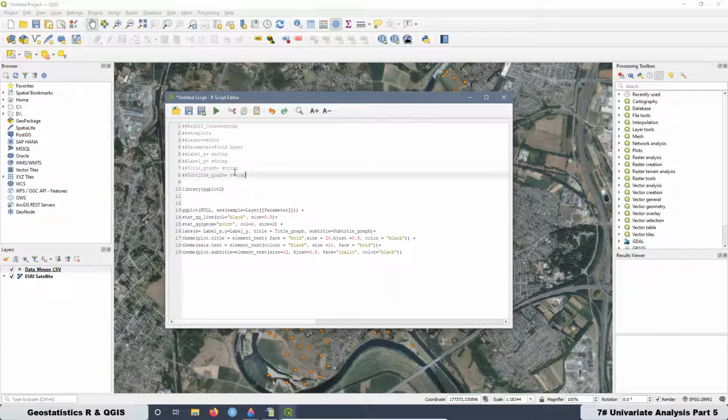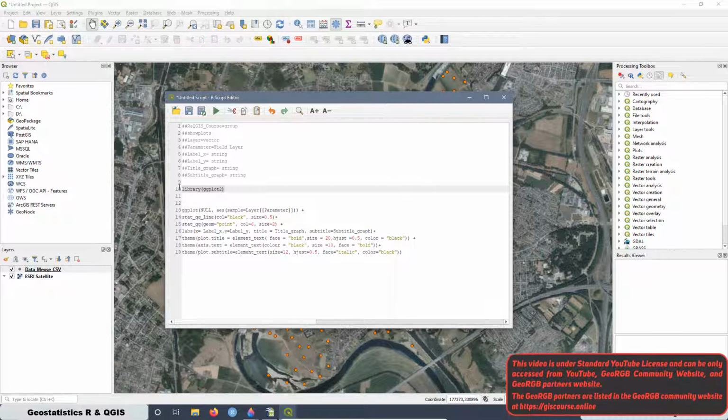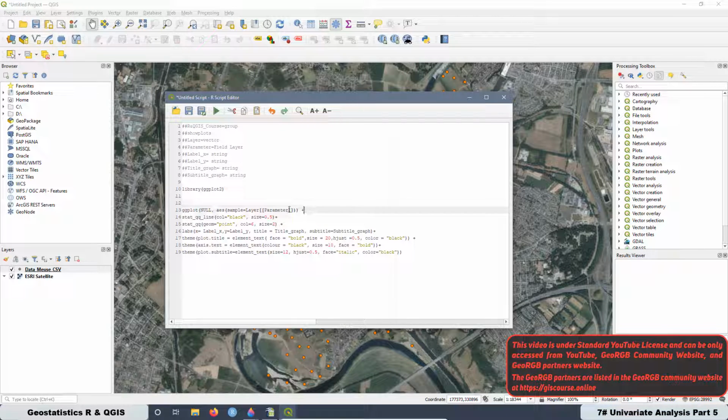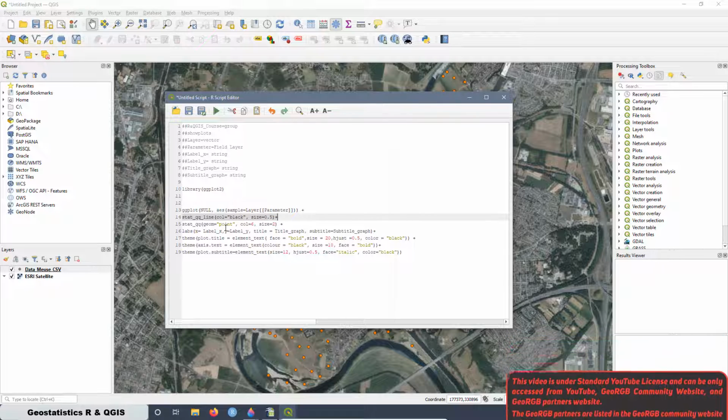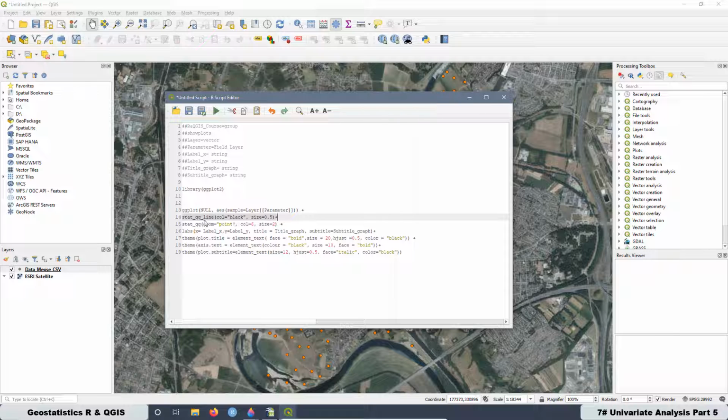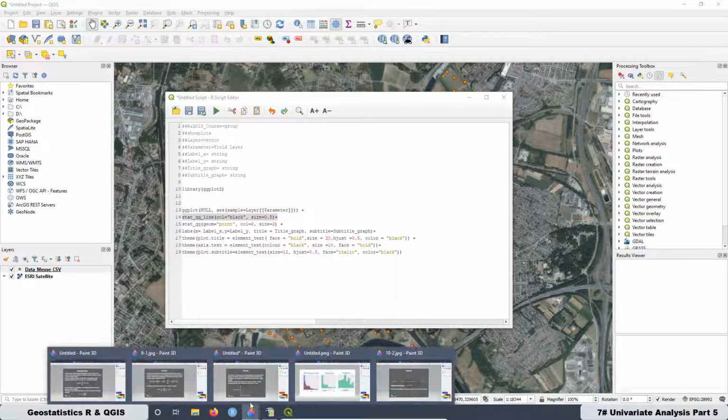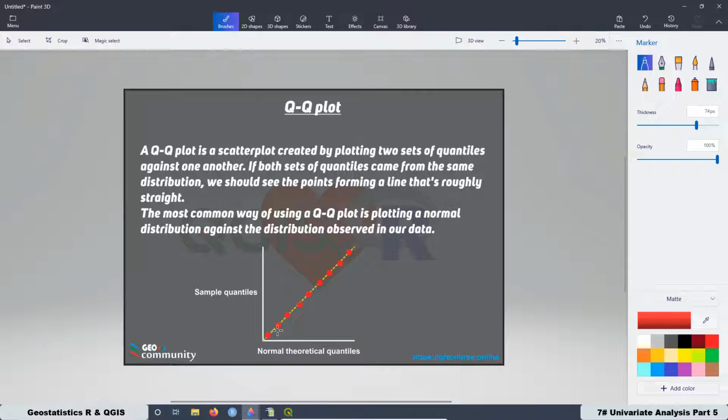Paste. I'm going to remove this line. We already know about all this stuff. We are going to be using ggplot. We know about this one, and the new things in this script are these two lines. This sentence over here is just to add the line that is 45 degrees that we saw here. I mean, this line over here is making an angle of 45 degrees.